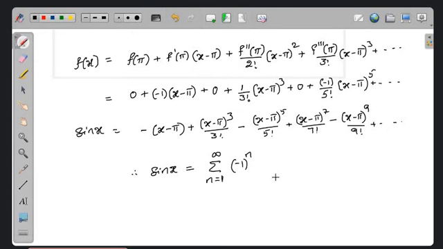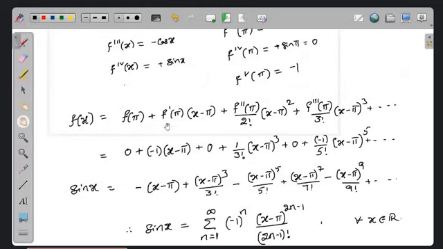Okay, and so this would be x minus pi to the power 2n minus 1 over 2n minus 1 factorial. And this is the expansion of sin x about pi, and this is also going to be valid for all x belongs to R.